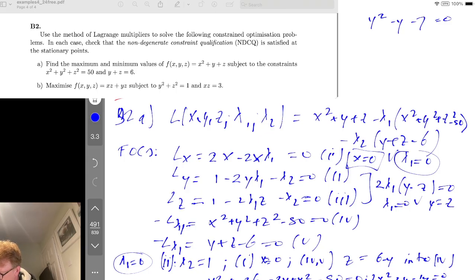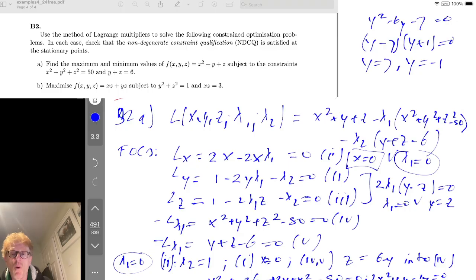I'm doing something wrong. What am I doing wrong? That's why I wrote 6 minus y. Of course, it's minus 12y, so that's minus 12y and minus 14, which gives us y squared minus 6y minus 7 equals 0. So y minus 7 times y plus 1 is 0, so y is 7 and y is minus 1.